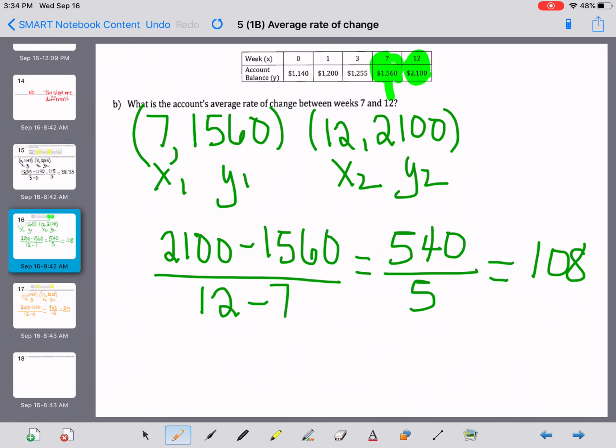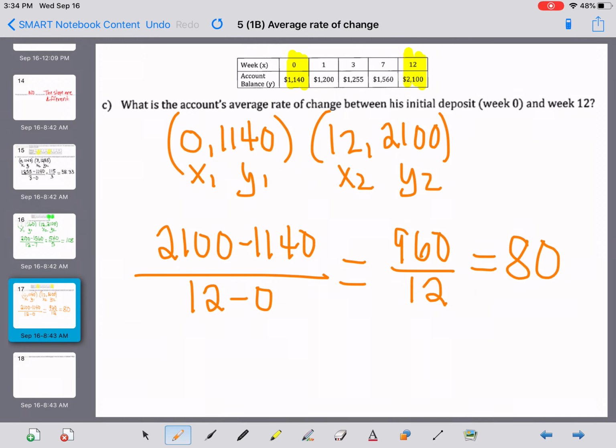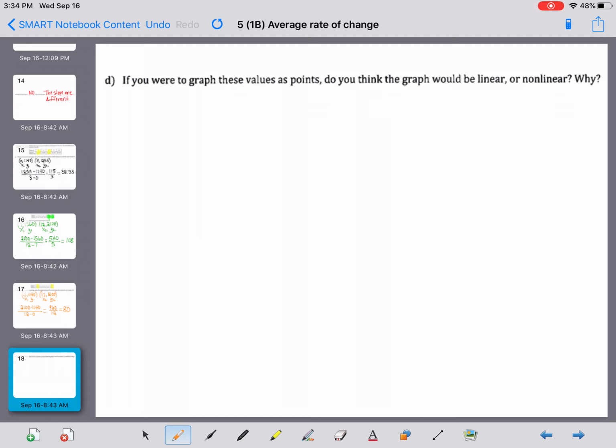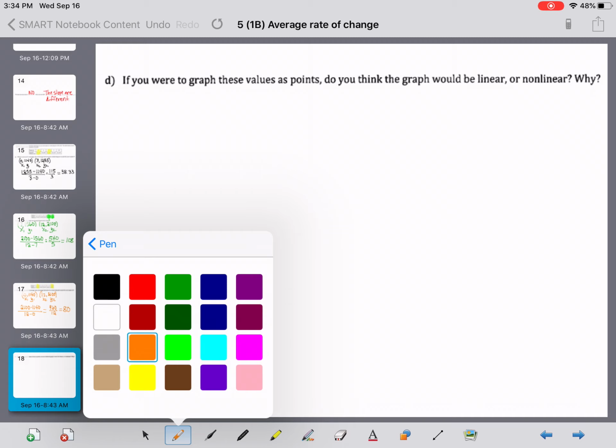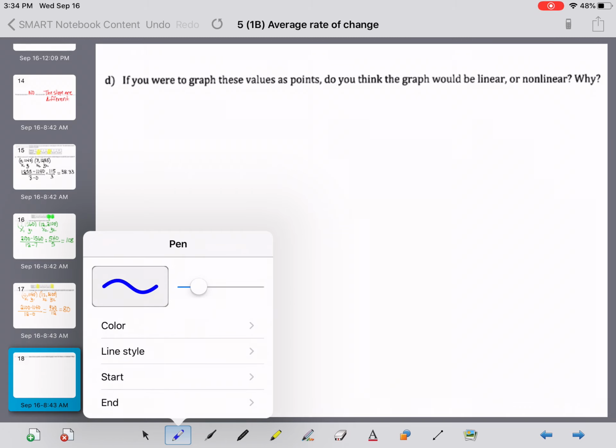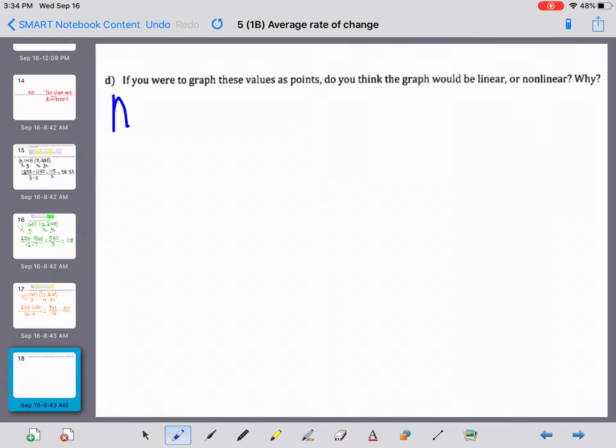Again, average rate of change, which is also known as slope. The average rate of change for our part C that we just calculated is 80. All three of those numbers are different numbers. So what we have to say on this particular problem is that this would be non-linear.